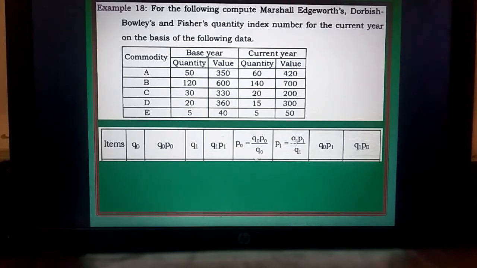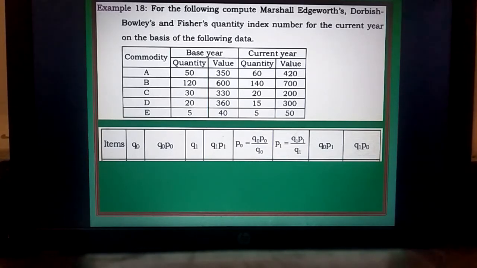In the similar way, when you perform Q naught P naught divided by Q naught, Q naught and Q naught get cancelled and P naught remains. So P1, when you want, Q1 P1 divided by Q1 will become P1. Correct? So these two are also required later to be calculated based on the formula.